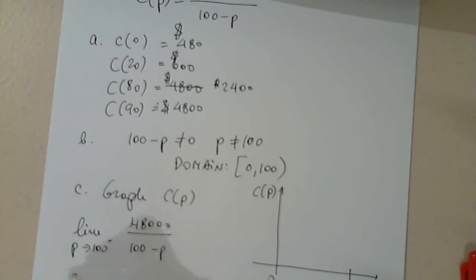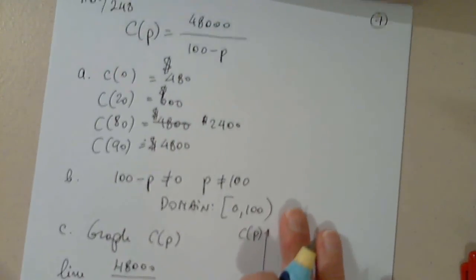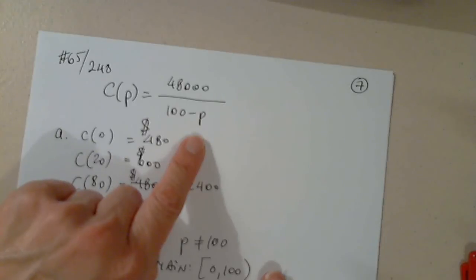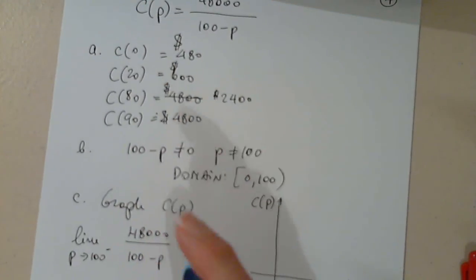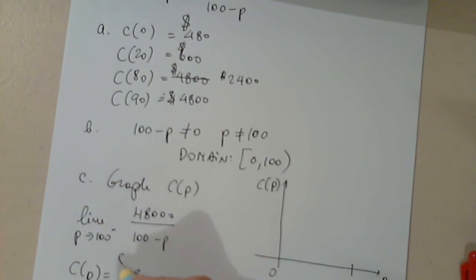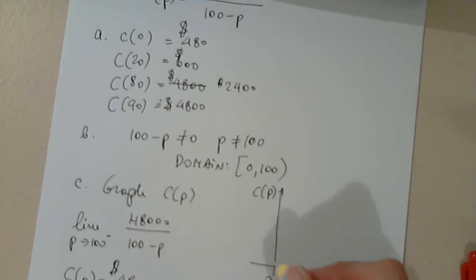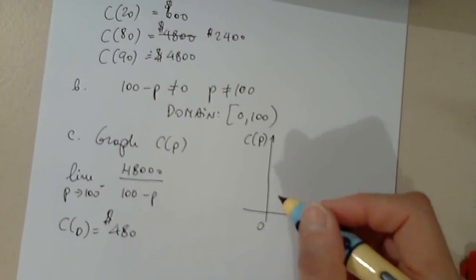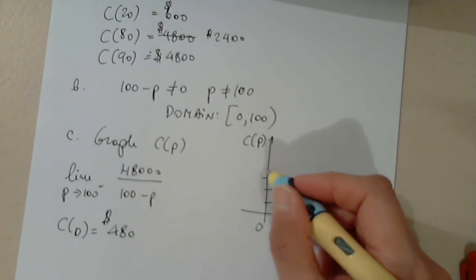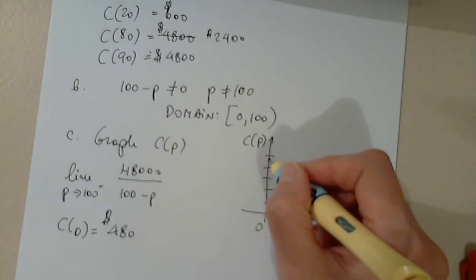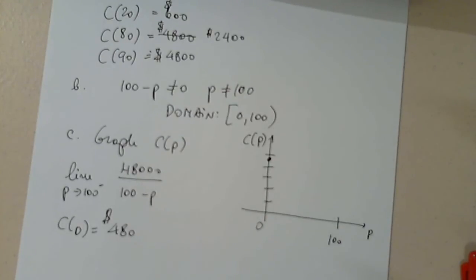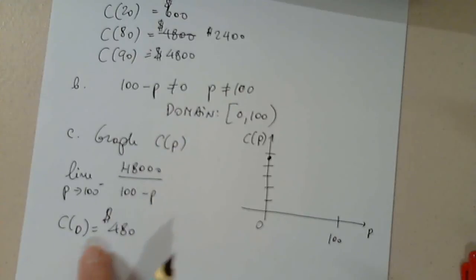And we also know that C of 0 is 100 minus 0 is 100, and simplified we already have it, 480. So 1, 2, 3, 4, 5. That will be our first point, 0, 480.